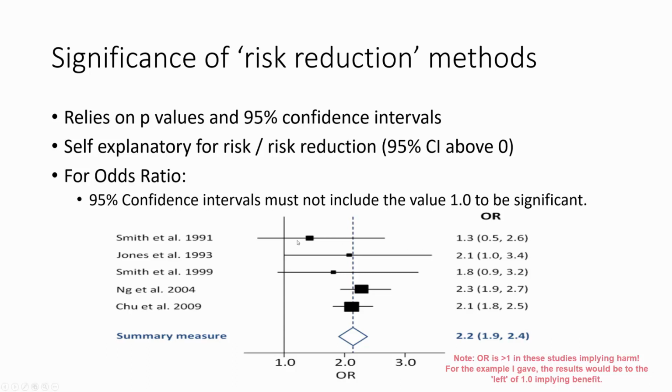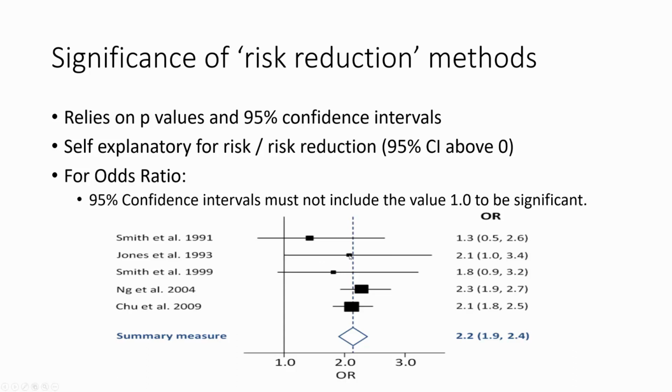So that crosses the threshold of 1. That means there's a chance that there's no difference between the drug and the placebo group in that particular study. And same with Jones et al. He almost achieves significance, but you can see the left-hand side just touches 1, so that's not quite significant.